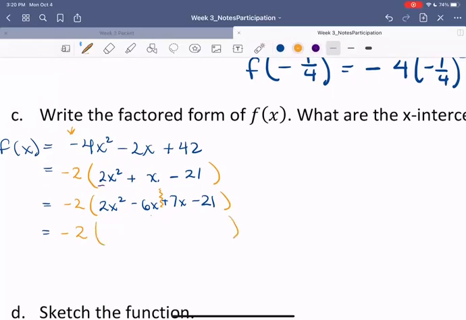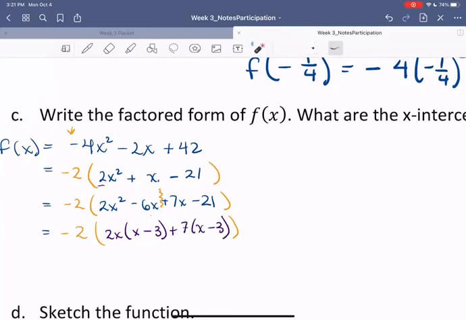Put some parentheses here. And now I have 2x times x minus 3. Then we'll notice in these next two terms, I can factor out a 7 from each. And I have plus 7 times, and what do I get but x minus 3.